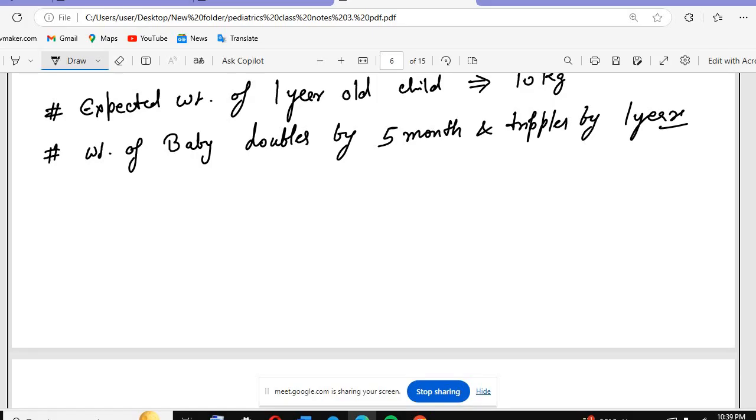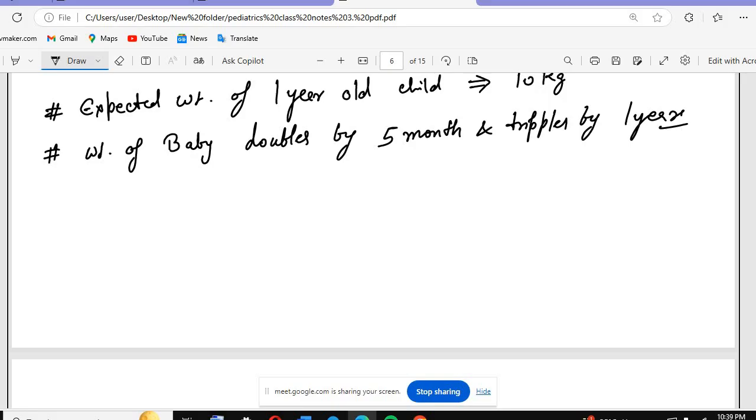But if the baby at birth is 3 kg, we take the average value: in 5 months it will be around 6 kg, then in 1 year it will be 9 kg. So that is how you have to remember the expected weight, based on these two sentences.